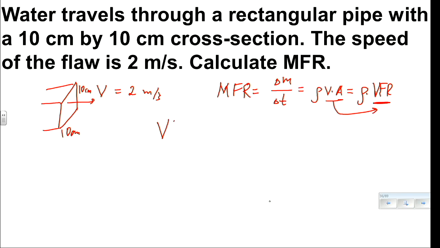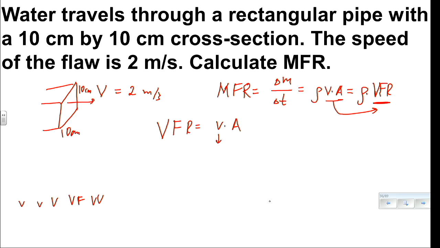So let's do volume flow rate. That should be equal to V times A. And people very often confuse V's. There are many, many V's. V represents speed, V represents velocity, V represents volume, volume flow rate, Valentin Voroshilov. So you have to keep track of the meaning of that V you use.